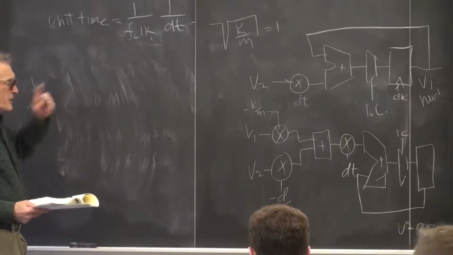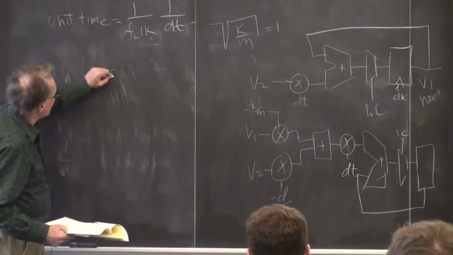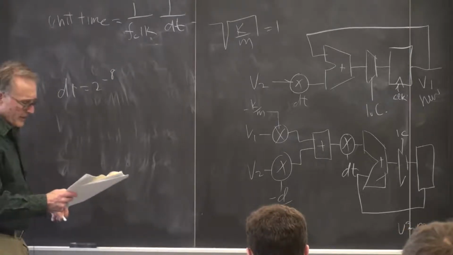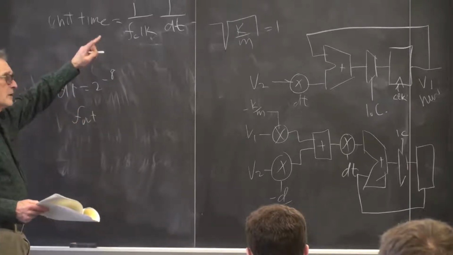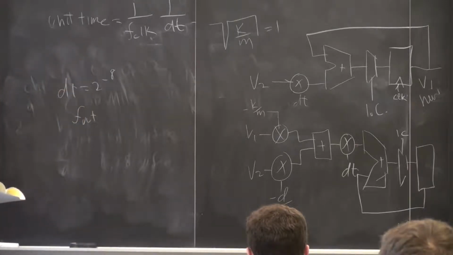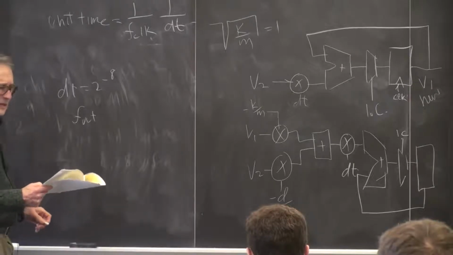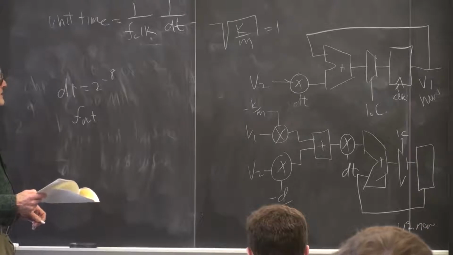But I tried, with a second-order system, setting dt equal to 2 to the minus 8 and calculating f out, the sine wave out, through the appropriate clock rate. I think I did 50 million divided by 64.